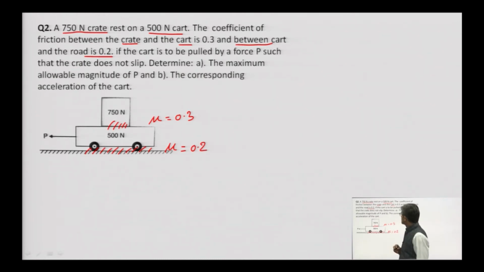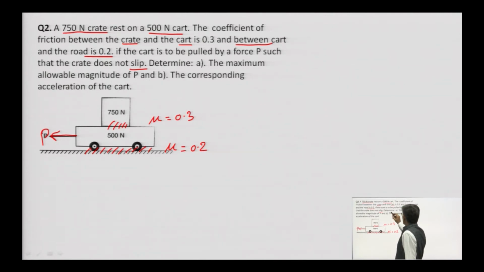Here the value of mu is 0.2, right. The cart is to be pulled by a force P such that the carton does not slip. That 750 Newton carton is not going to slip; it is moving along with this trolley.